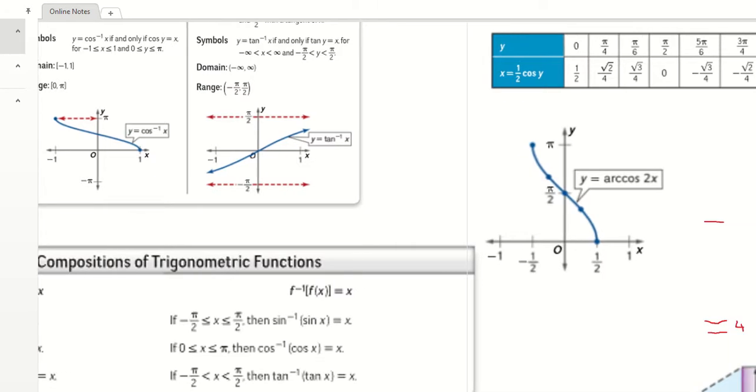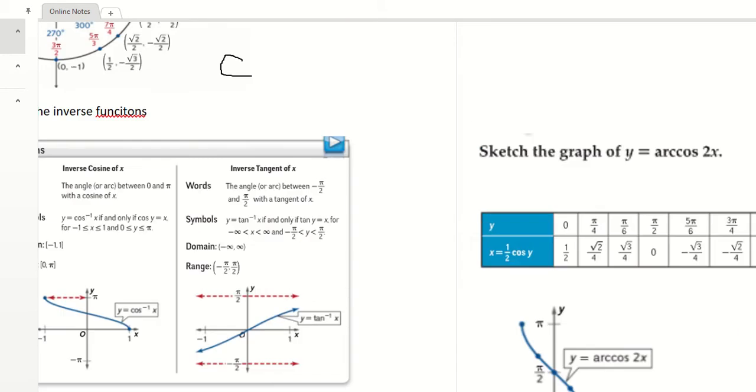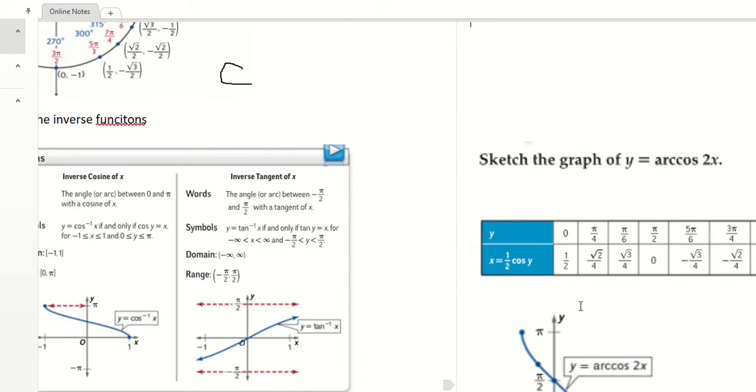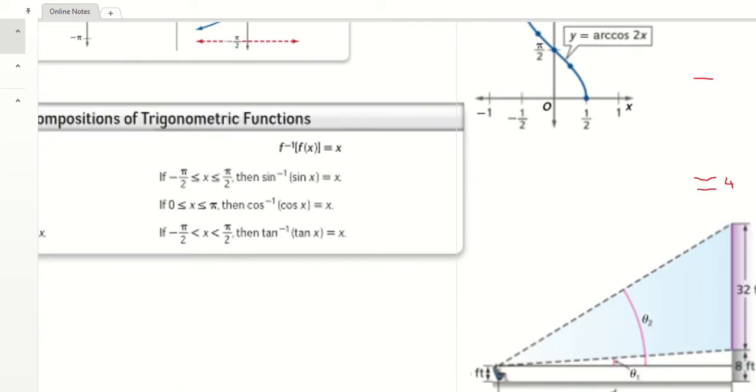So always remember, when you replace x by 2x, you basically shrink it on the x-axis. Just like when you do x plus d, you move to the negative side. When you replace x by x minus d, you move to the right side. When you do 2x, you are basically shrinking on the x-axis. So that's what happened here.